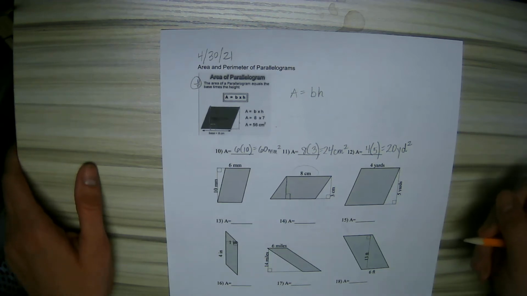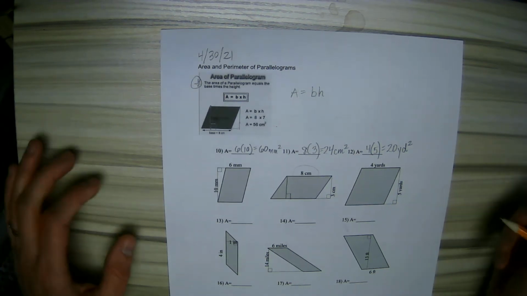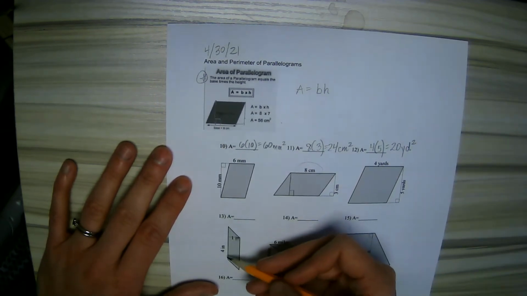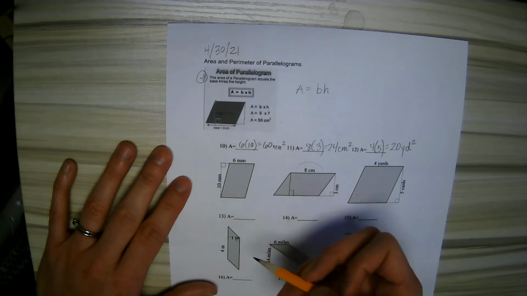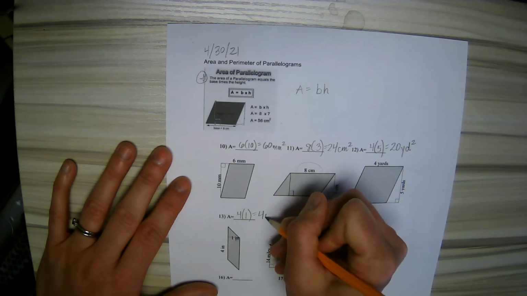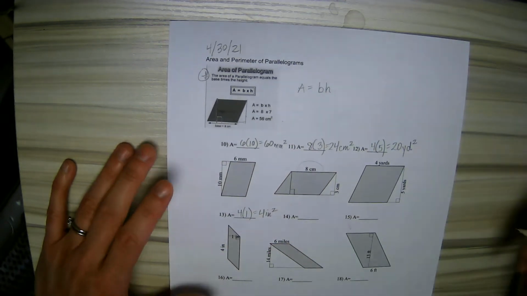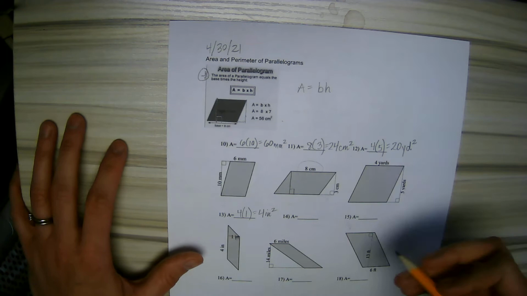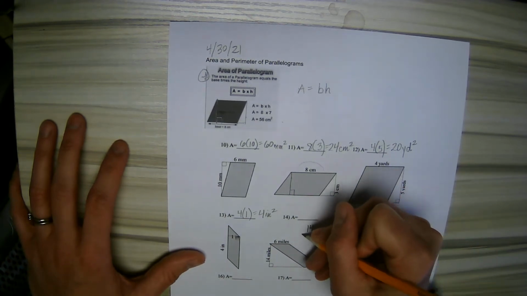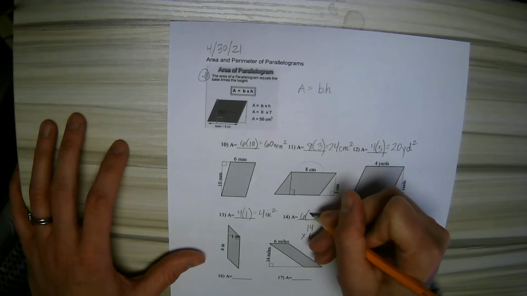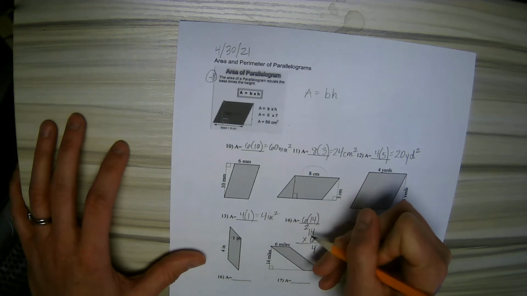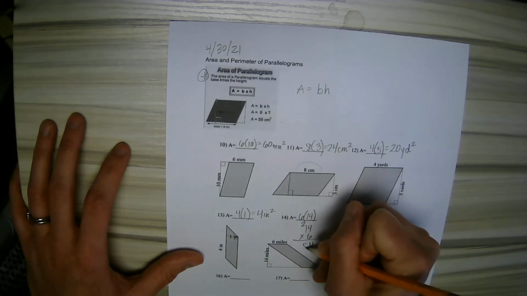Okay, so we're just putting that in here, right? So 4 times 1 equals 4 inches squared, right? 6 times 14. 6 times 4 is 24. 6 times 1 is 6, plus 2 is 8.